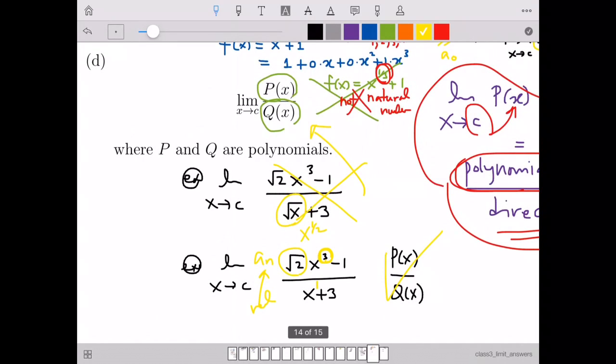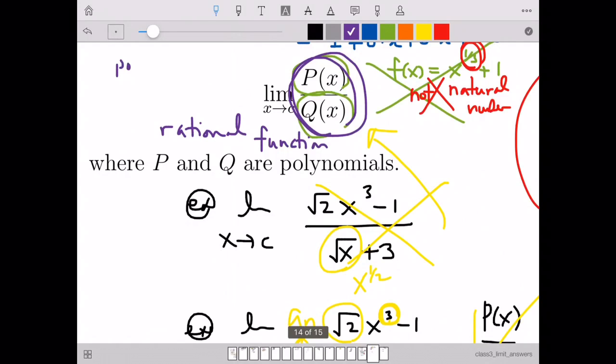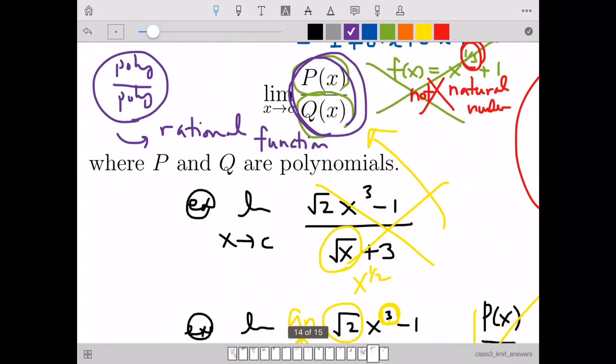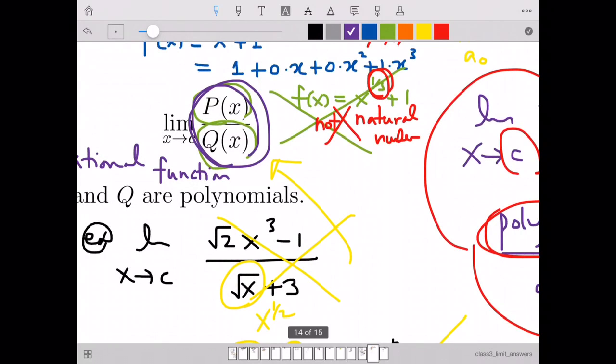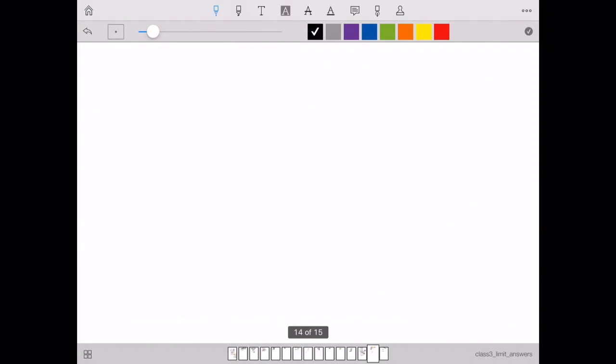And such a function, polynomial over another polynomial, is called a rational function. Polynomial over polynomial is called a rational function. So the limit of a rational function by limit law. I'm out of space, so let me write it over here at the bottom.